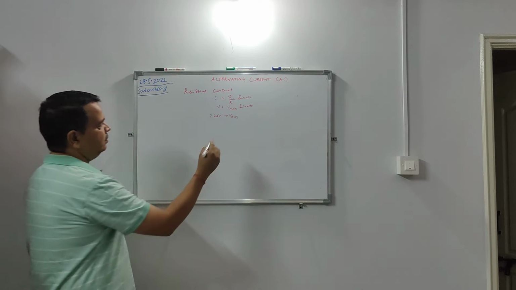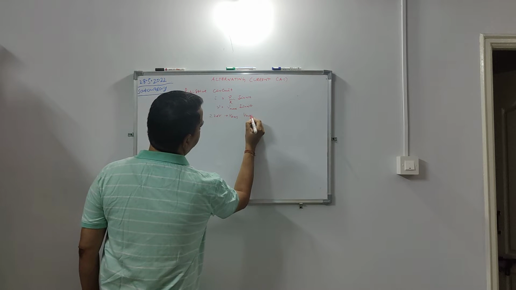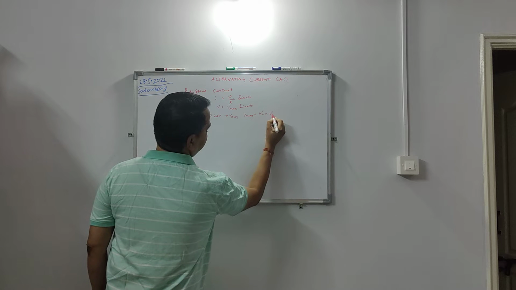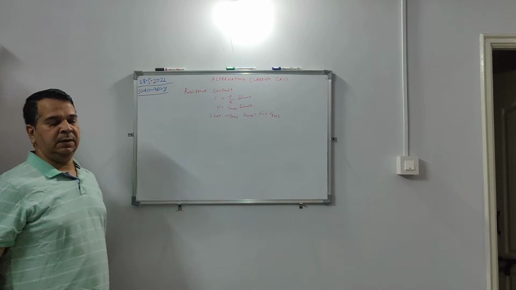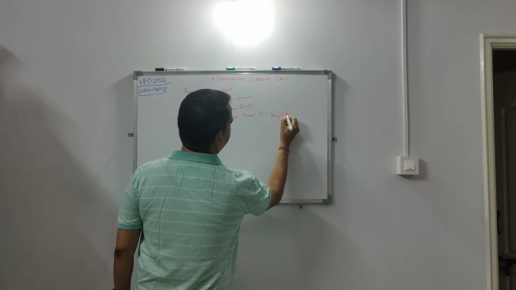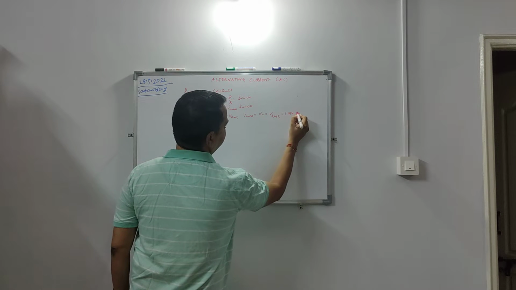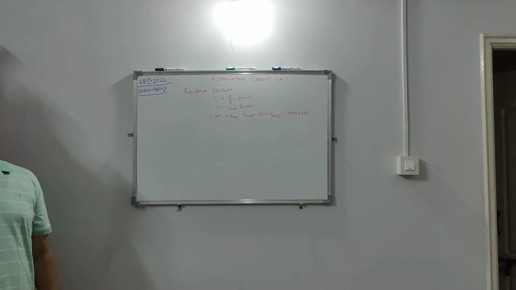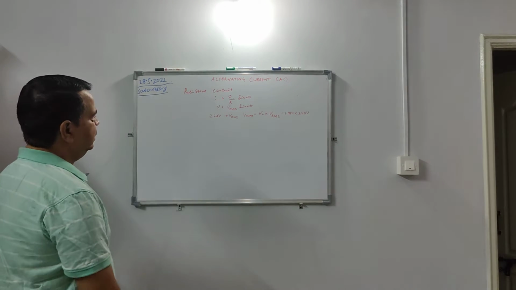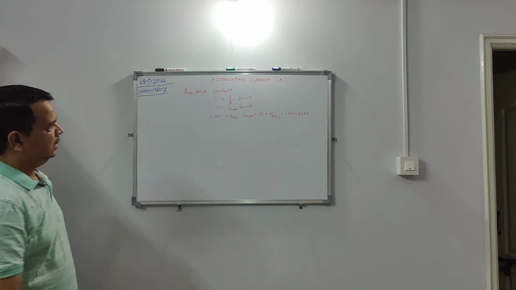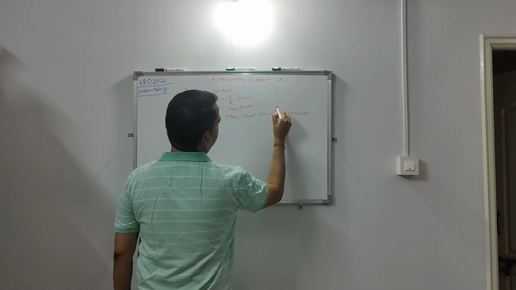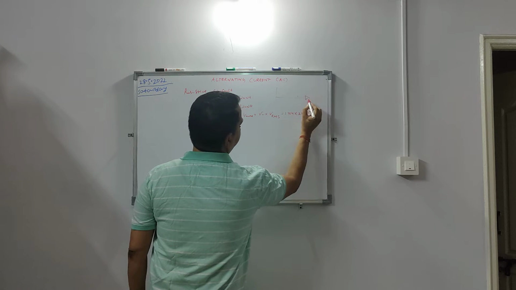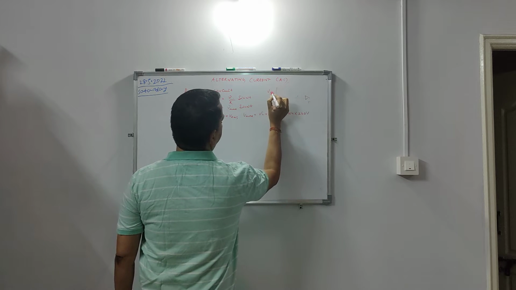So the Vmax value will be equal to root 2 into Vrms, which is 1.414 into 220 volt. This is your max voltage, about 310.